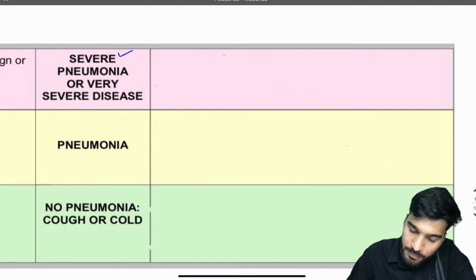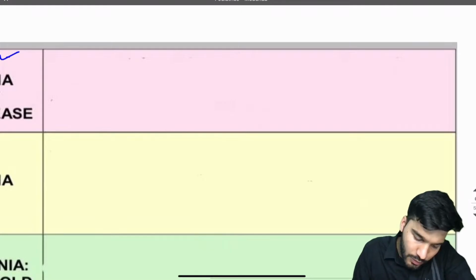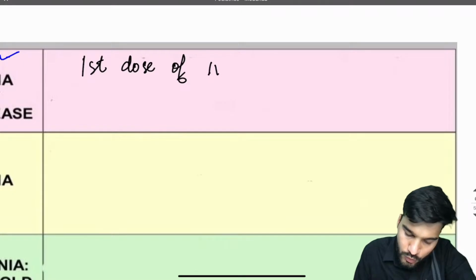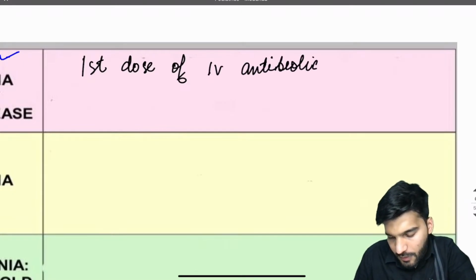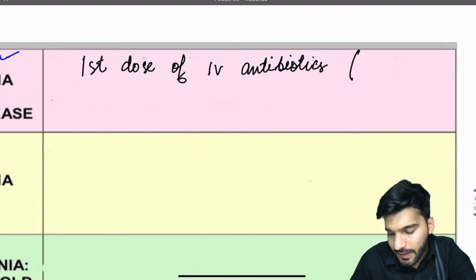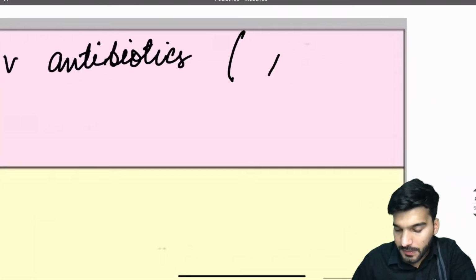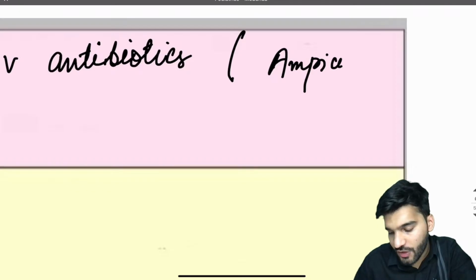So what will be the treatment for severe pneumonia? You need to give the first dose of IV antibiotics. What antibiotics will you give as per the latest guidelines? Ampicillin plus gentamicin.